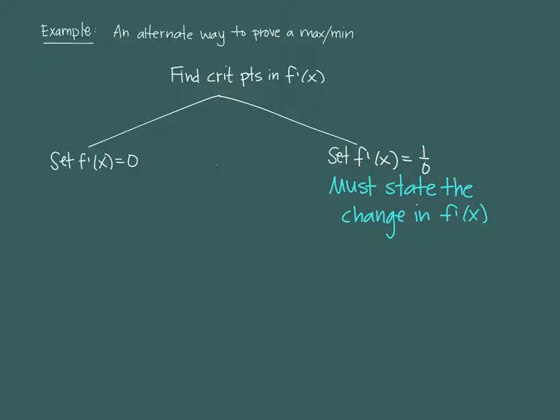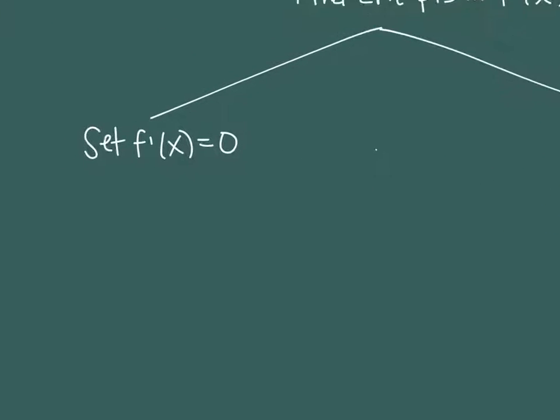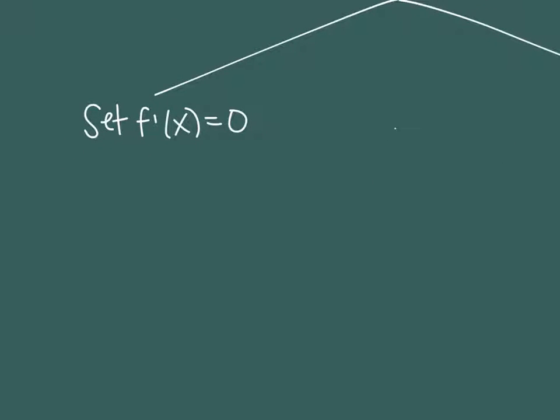However, with a 0, there is an alternate way. You don't have to necessarily find the change in f prime. If you've got f prime equal to 0, then you know that there's a horizontal tangent. If there is a horizontal tangent, it must be sitting either above some kind of concavity or below some kind of concavity.